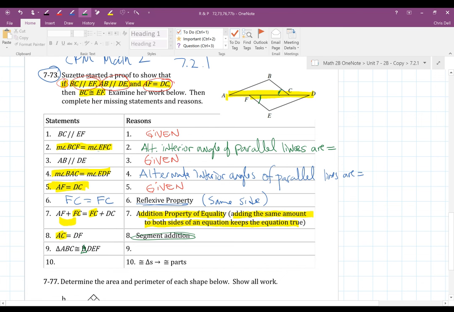And I showed that angle BAC, this one here, is congruent to this one here. So I have angle, side, angle. That's my reason: angle-side-angle congruency. And the last thing I can say, because now I wanted to get to this, is that BC is congruent to EF. BC, this one, is congruent to EF because I showed I had congruent triangles, and congruent triangles have congruent parts. And then we're done. All right, there we go.